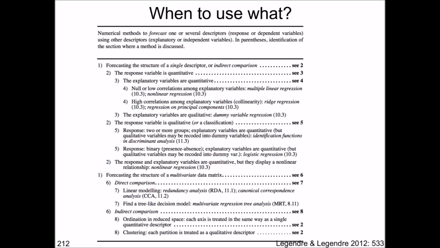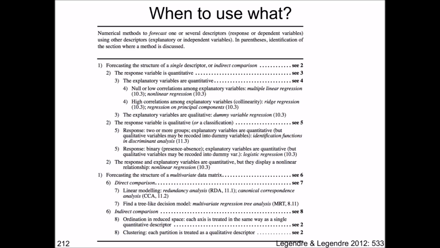In this overview you will find, for example, what you would do if the response variable is quantitative or if it is qualitative, and if your aim is rather to forecast the structure of a multivariate data matrix.